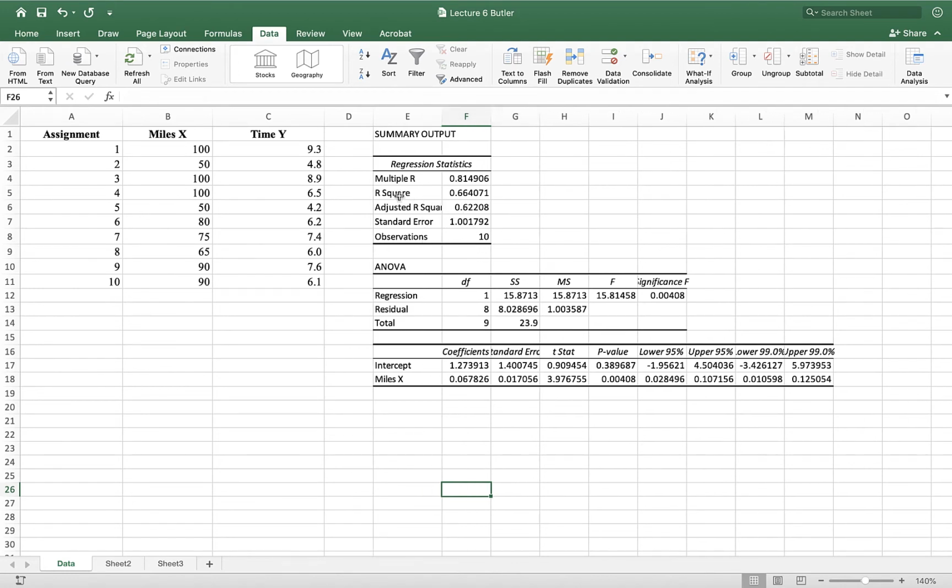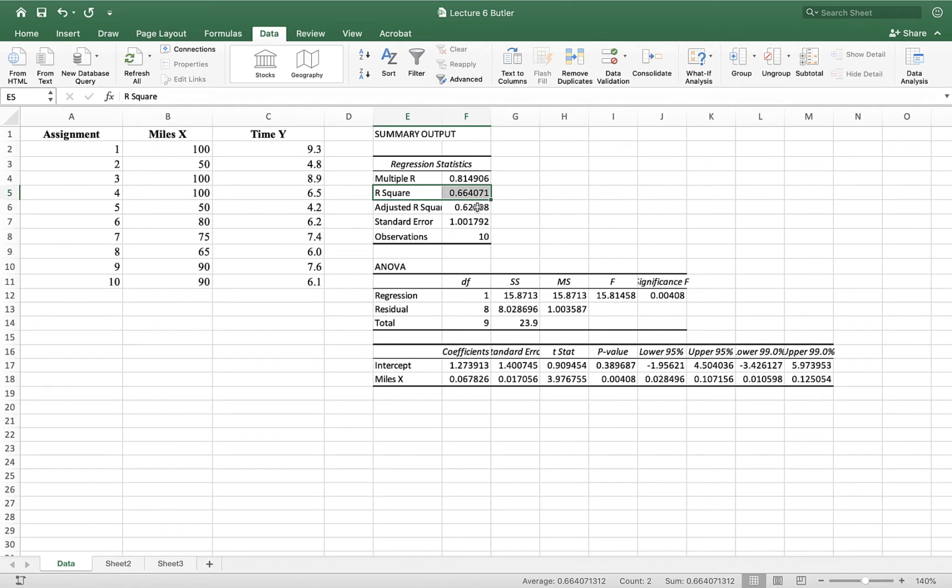We've got the R squared, telling us how good the model is overall. The R squared, the coefficient of determination, tells us the amount of deviation in the dependent variable that is brought about by deviation in the independent variable. In this case, it's the amount of change in the time it takes to complete your journey that's brought about by changes in the mileage that you drive. And it's rating it at 66%. It could be as high as 100%.